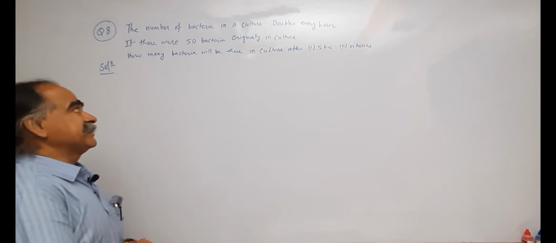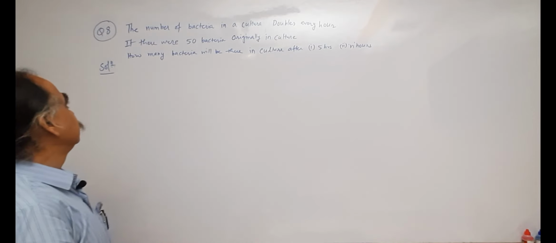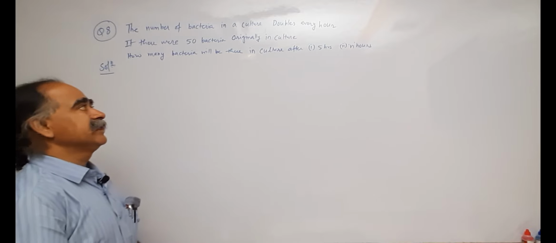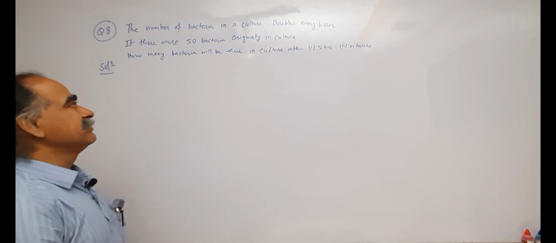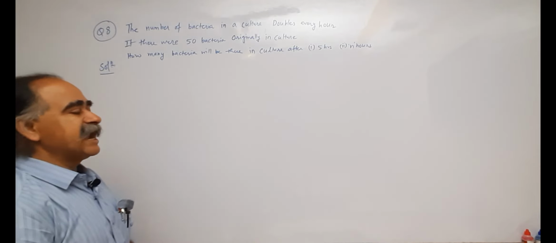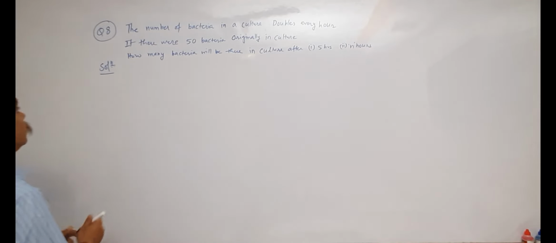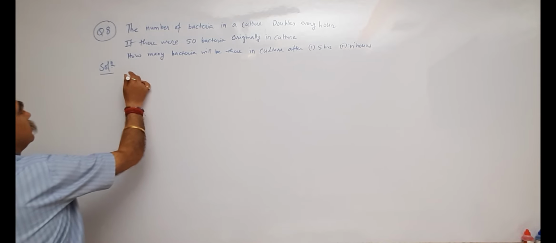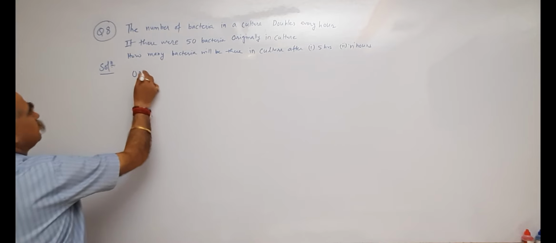The number of bacteria in culture doubles every hour. If there were 50 bacteria originally in culture, how many bacteria will be there in culture after 5 hours and after n hours? Original number of bacteria is what?